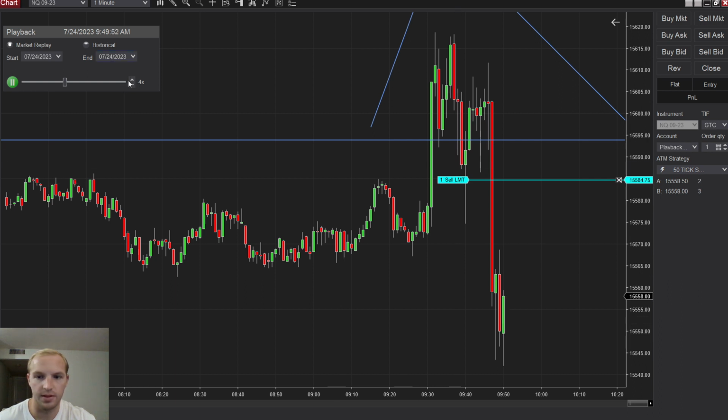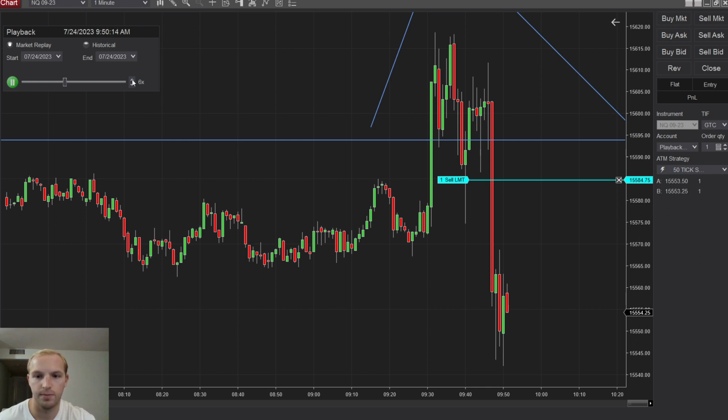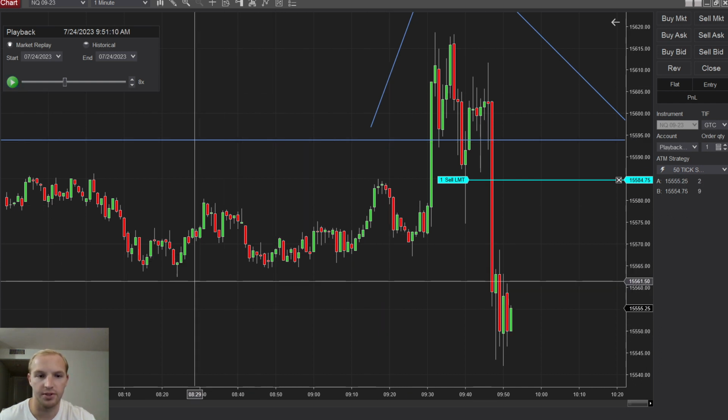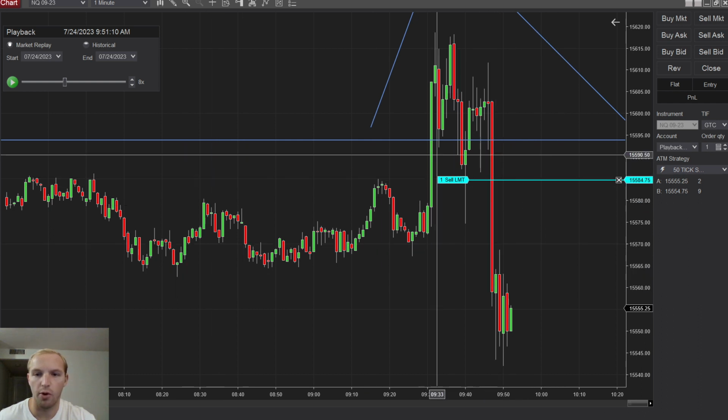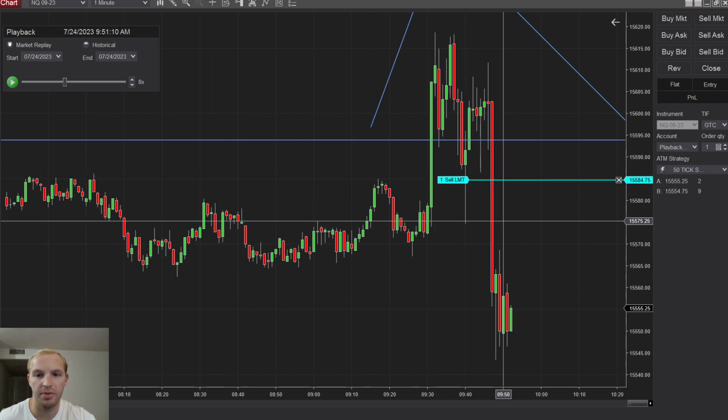Let's see if it comes back. Maybe we short again at the bottom of the range. That's another, so a more conservative entry would be back up here, but then again, you might not get that.